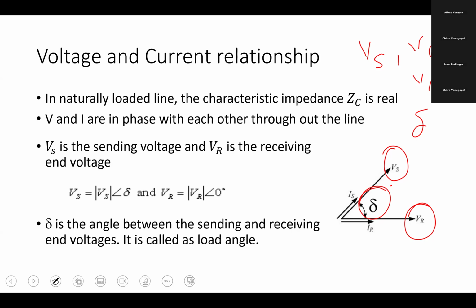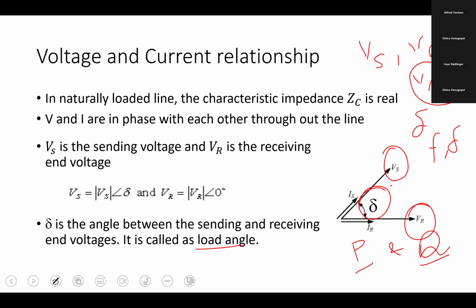Okay, so these are the important terminologies. We need to look at these along with the real power and reactive power. Reactive power is usually given by the letter Q. So along with real power and reactive power, you have to look at the frequency and angle. Okay, so these are the important terms.